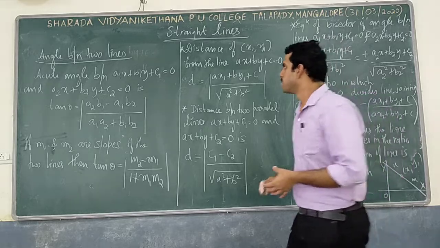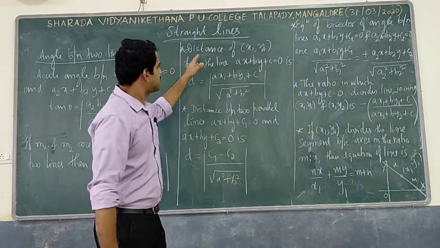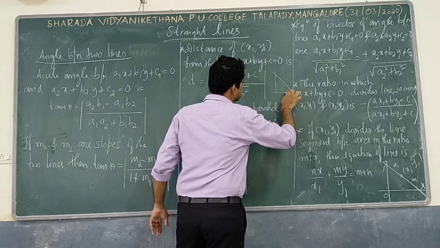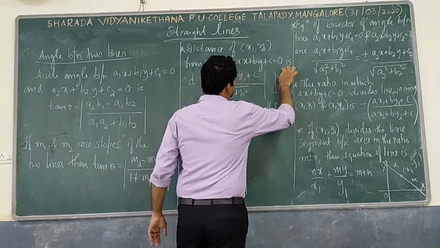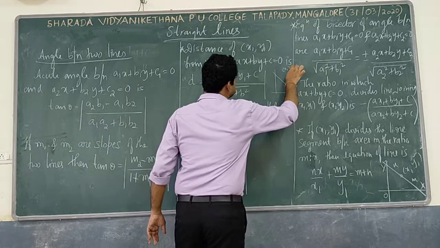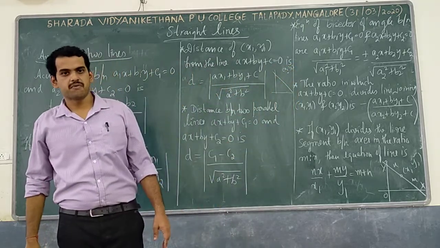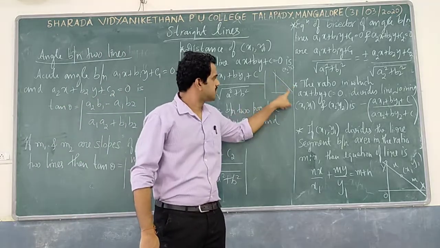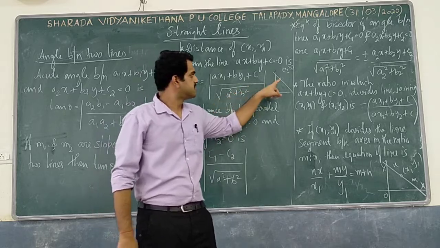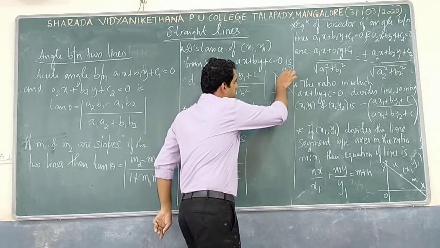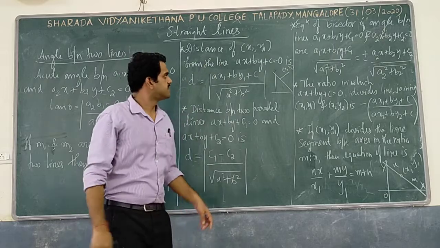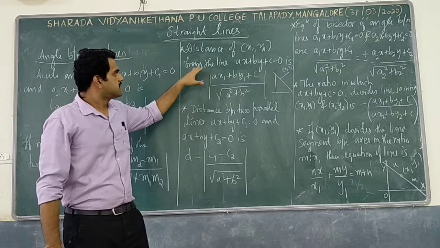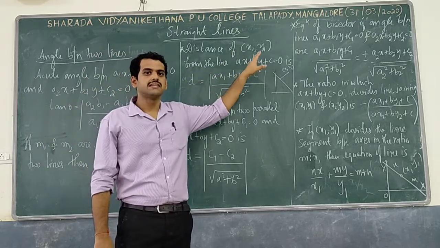Now coming to the distance of a point, you take a straight line like this, you take a point. Now the coordinates you take as x1, y1, any point. Suppose you want to get the distance of this point to the straight line, then it is going to be the perpendicular distance we are going to find, and it is given by the distance of the point x1 y1 from the line ax plus by plus c equal to 0.